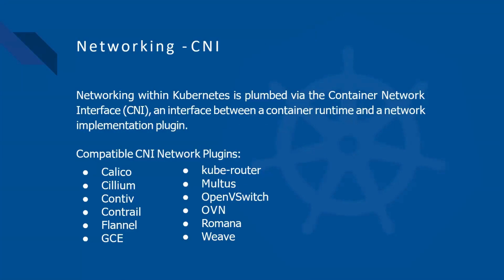Container network interface. By default, whenever you run Kubernetes, it does not have any network rules written. Pods can communicate internally, but to let them communicate outside and with some other networks, you have to write some rules.